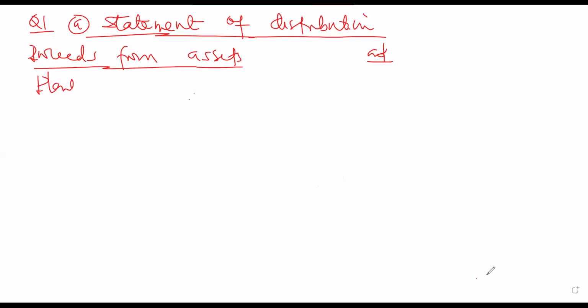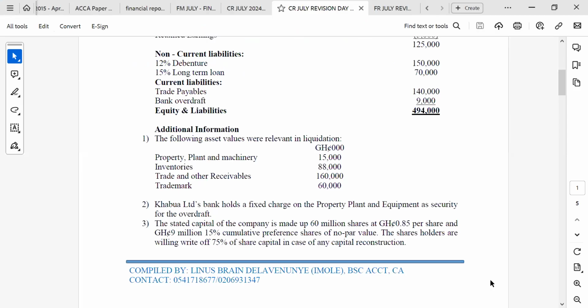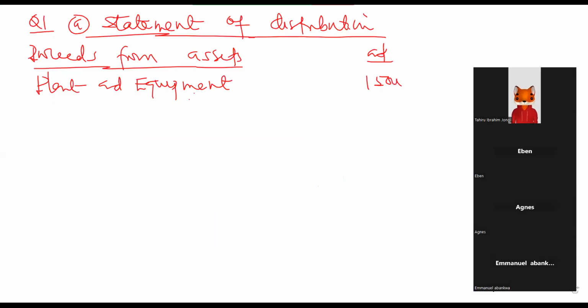Plant and equipment, how much? The first footnote. How much are we selling it? 15,000. So the following asset values were relevant in liquidation. We are selling that for 15,000.